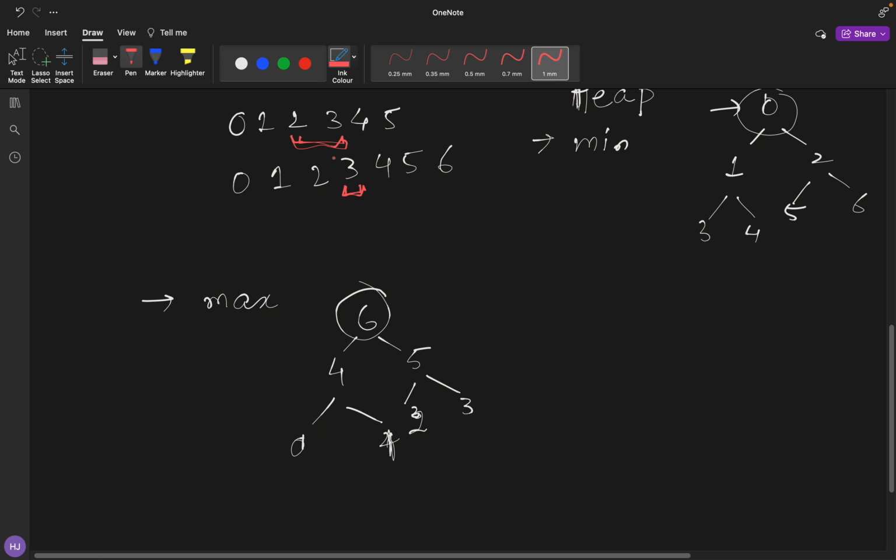Because I have to compute my median in O(1) time complexity, I want my middle values on the top of the heap, since whenever we access the top element of either a min heap or a max heap, we get that element in O(1). We simply use a function like pq.top, and it gets the top element of the heap.